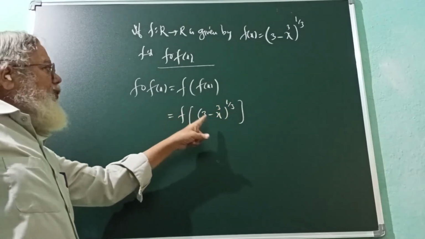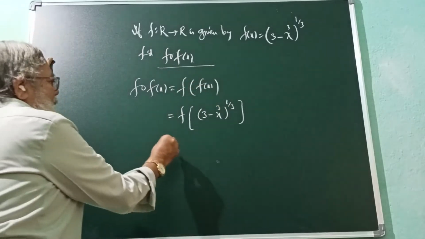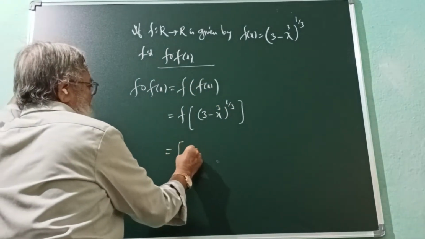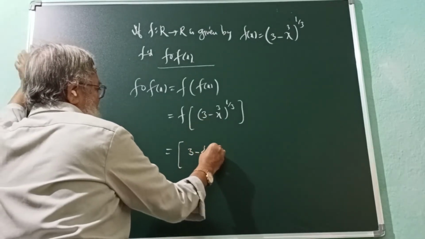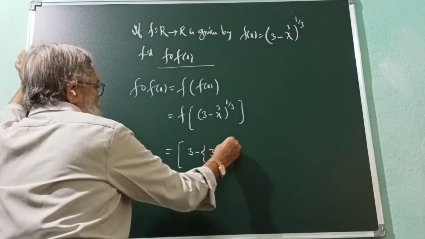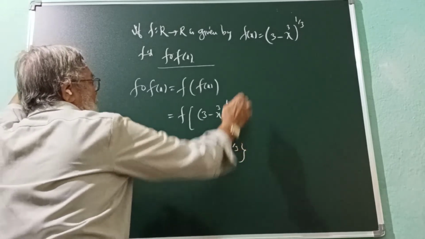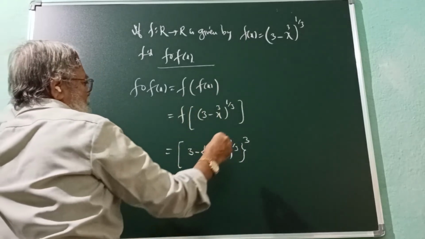So we should write this quantity in place of x only, and that means here it is 3 minus x, where x means this. That is 3 minus x cube raised to 1 by 3. X cube is there, so it should be cube here.